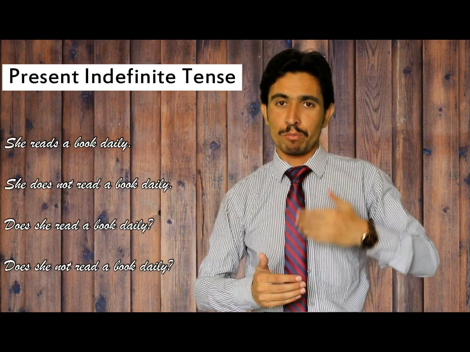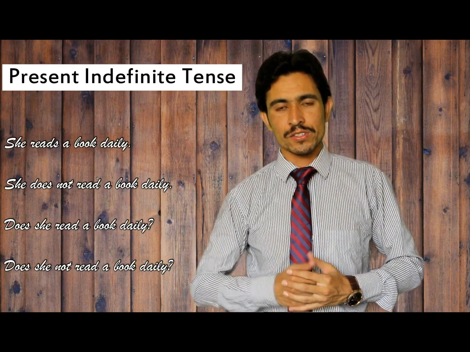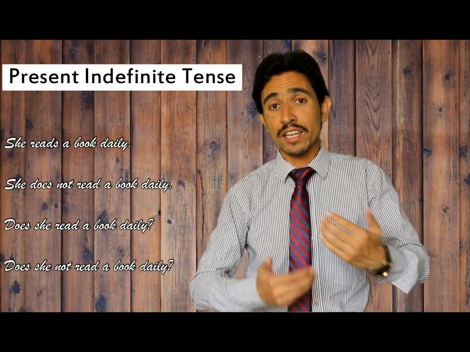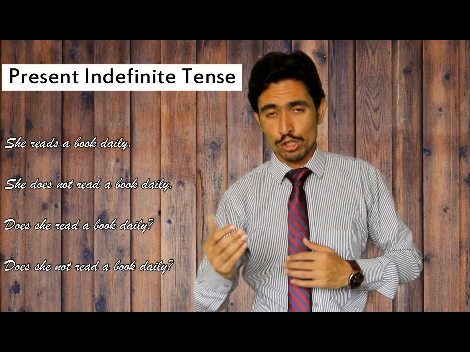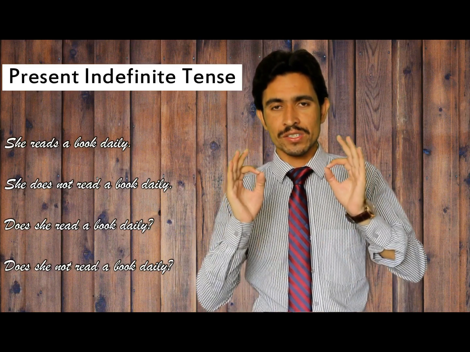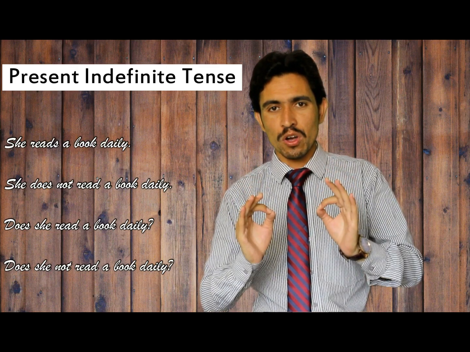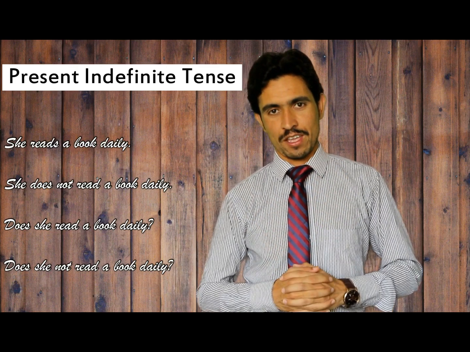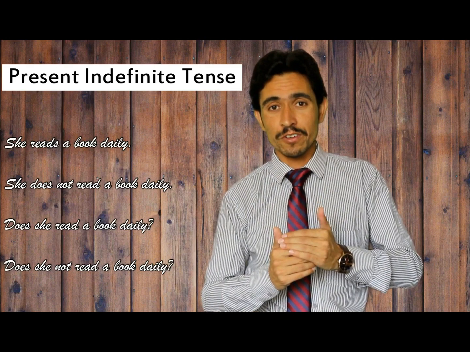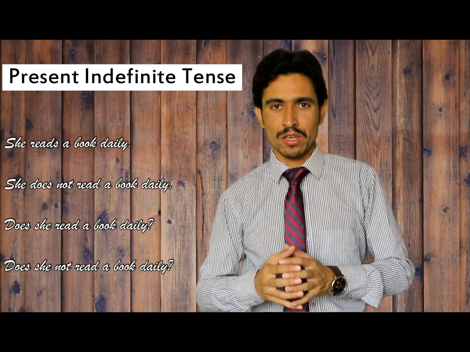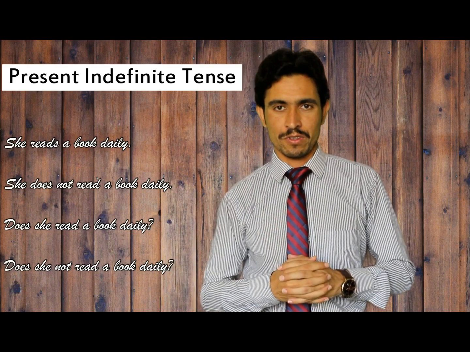So the first one is a positive sentence, the second one is negative, then interrogative, and then negative interrogative. So to make any sentence negative, use does and do after subject. And to make it interrogative, use does and do in the start of sentence, before the subject.